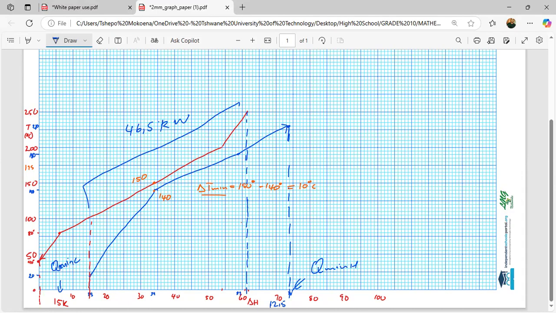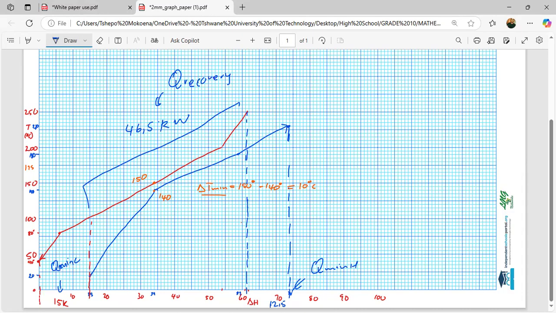And then this one in the middle will be our Q recovery. This is our Q recovery, right?